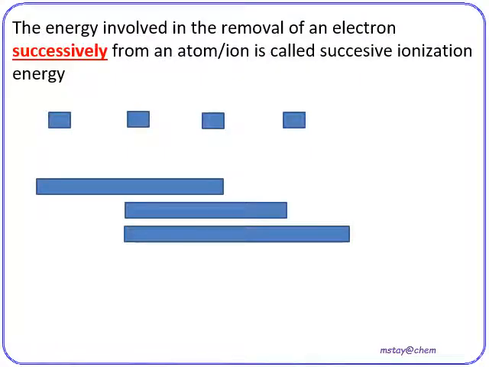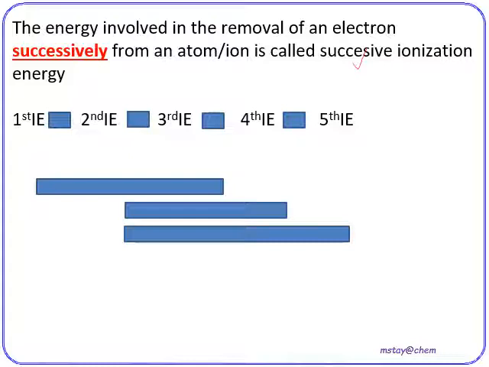Now let's continue with the successive ionization energy. What does it mean? The energy involved in removing electrons successively from an atom or ion is known as successive ionization energy. As we know, when we want to remove an electron, energy is needed. Let's say we try to remove 5 electrons from the same element.